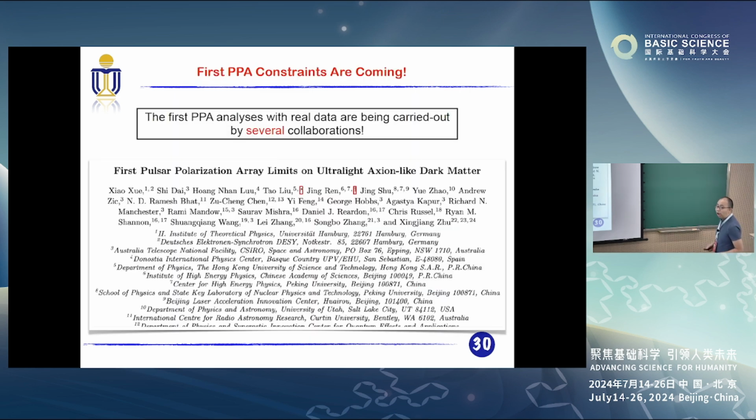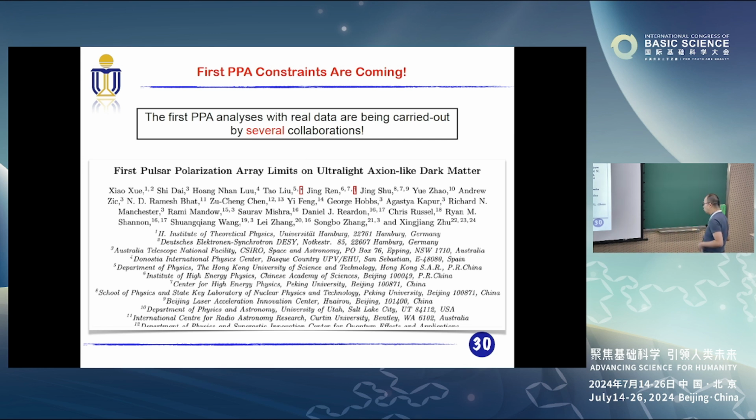And here I want to emphasize, different from some other proposals, the analysis of the pulsar polarization array is quite ready using the current data and the forthcoming data. At this moment, the first PPA analyses with real data are being carried out by several collaborations.